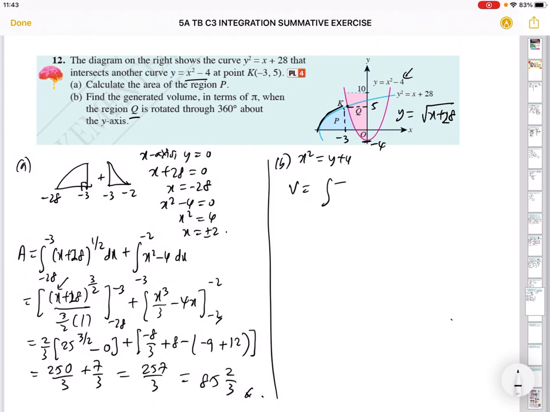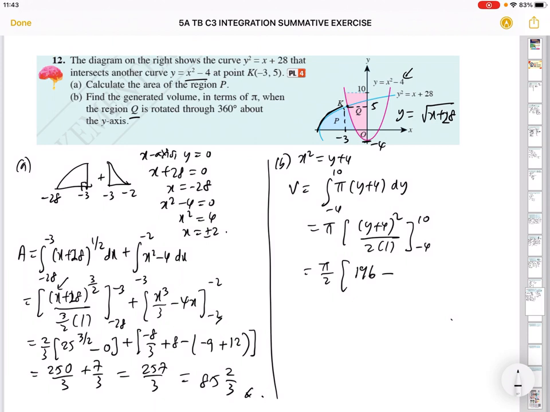So take out pi. I like to use the composite function: increase the power by 1, divide by the increased power, differentiate inside the bracket. When you put 10 inside, 10 plus 4 is 14. 14 squared is 196. If I put negative 4 inside, I get 0. 196 divided by 2 is 98. Answer: 98 pi. Oh, this is long.